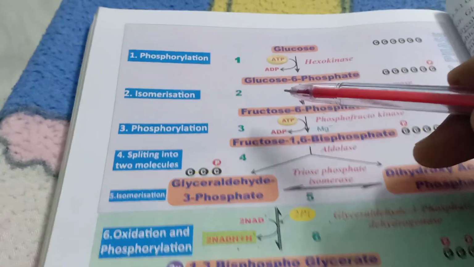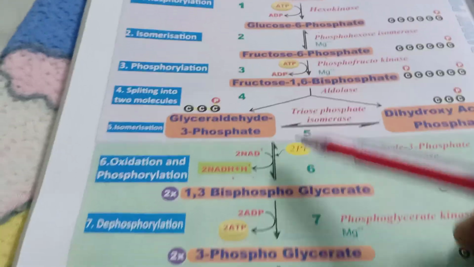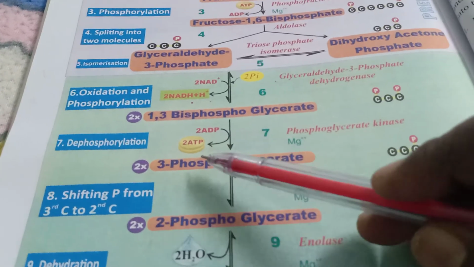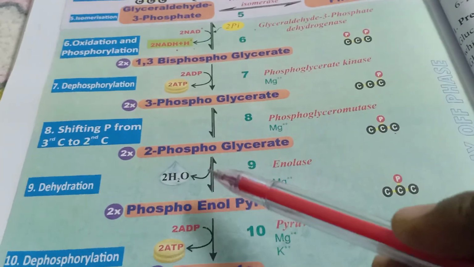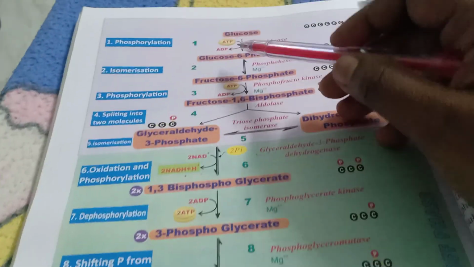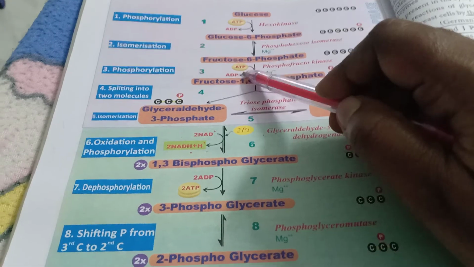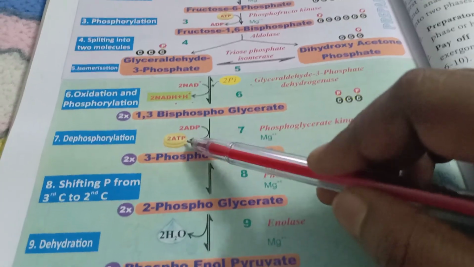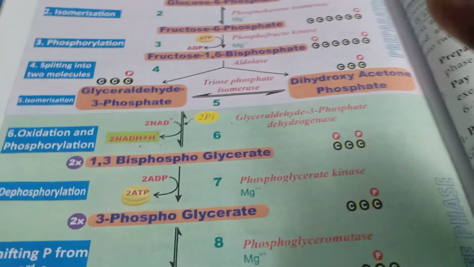Then learn all these: ATP converted to ADP, ATP into ADP, here NAD into NADH2, and here you have a reverse thing: ADP converting to ATP, ADP converting to ATP, and H2O. So altogether you have 6 steps like that: phosphorylation, phosphorylation plus oxidation, dephosphorylation, dehydration. Making note of this will be sufficient for you.